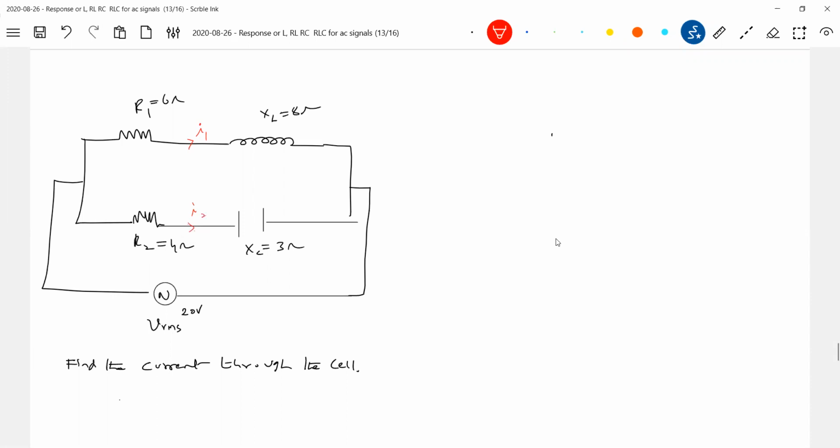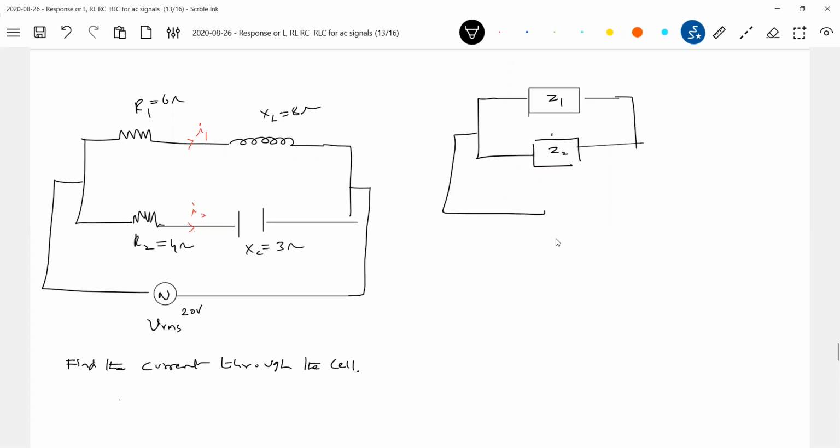Shall we calculate I1 and I2 first? We're asked to find the current through the cell. So first we'll calculate current I1. To calculate I1, I'll replace this branch with an equivalent circuit, an impedance Z1. I think the circuit has become very simple with this approach. What is Z1?